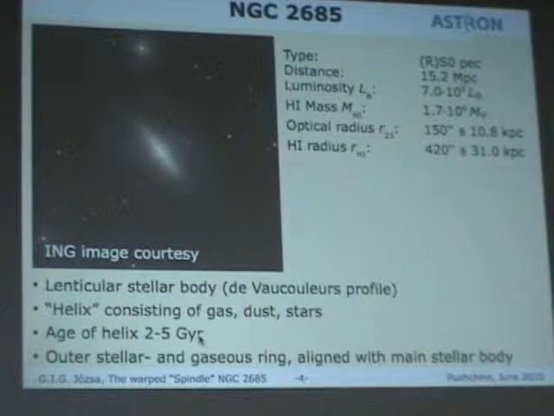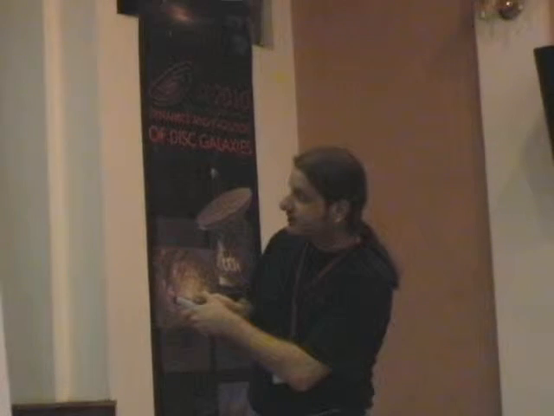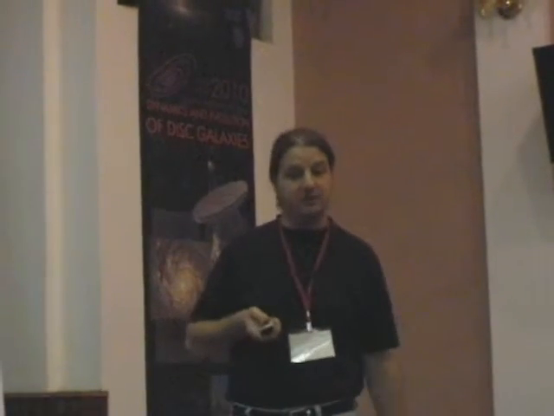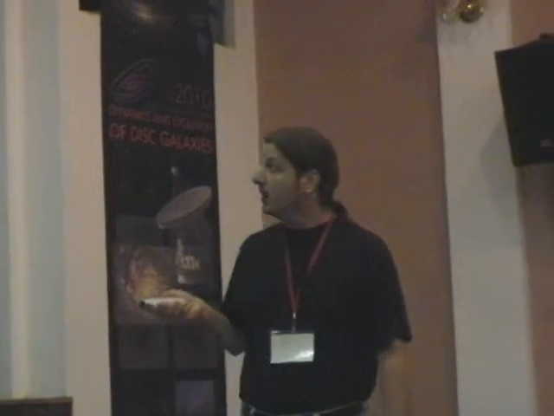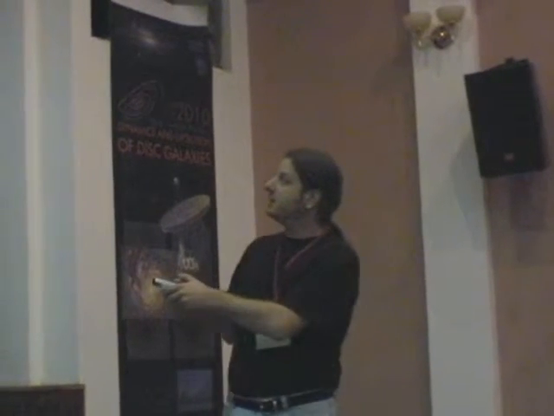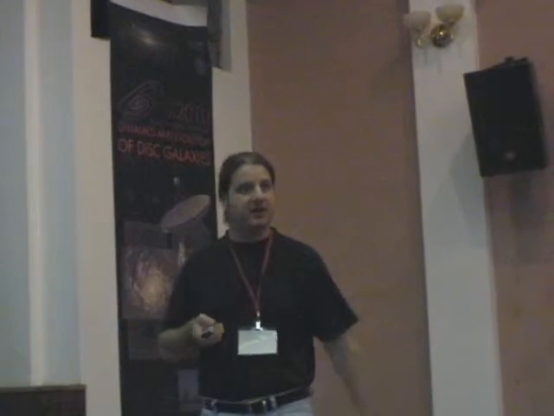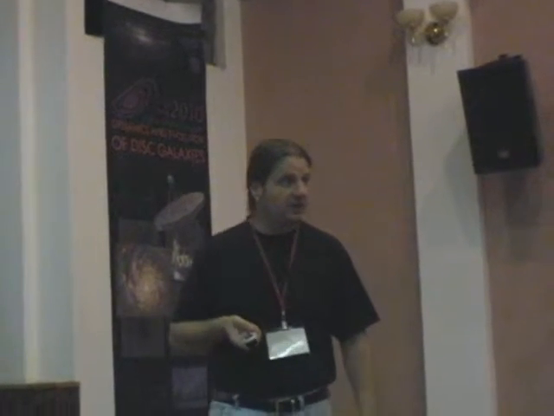This galaxy has a lenticular stellar body, a fast rotating system with SAURON. Then you have a helix that covers a lot of the northern part of this stellar central body. Since the object has been of interest for a while, it has been well observed, and the age of this helix has been estimated to be not that young.